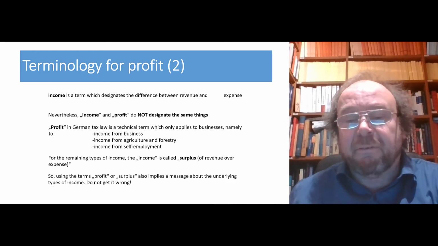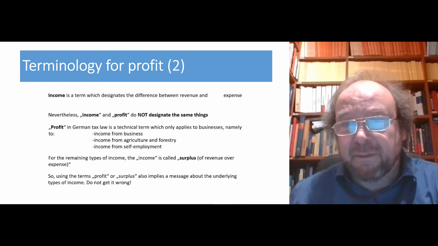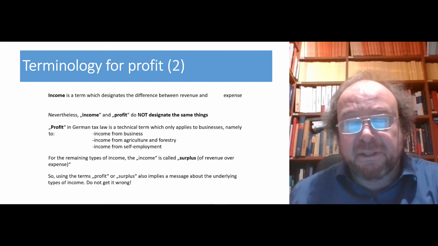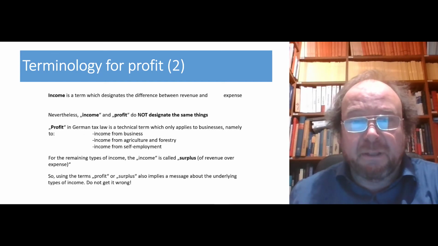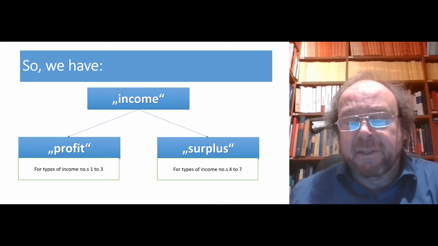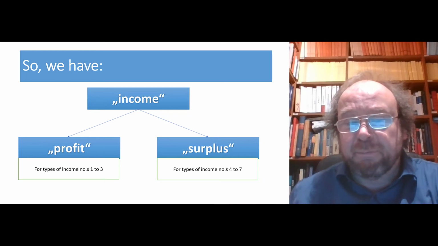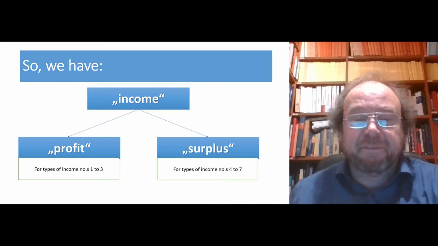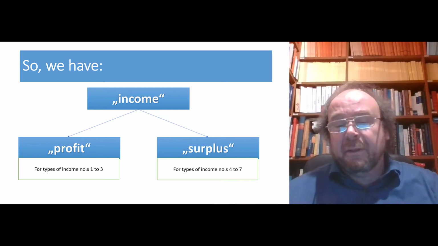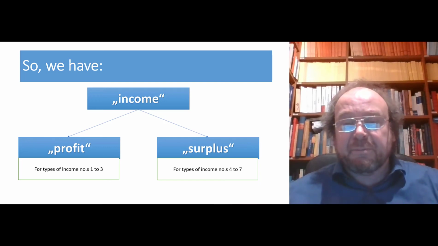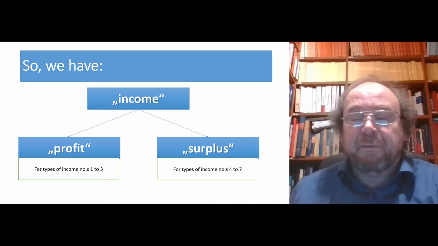Do not speak of surplus when it comes to businesses. Do not speak of profit when it comes to employment. So income is the general overall term and consists of profit if you speak of types of income number 1 to 3, or surplus if you speak of the remaining types of income 4 to 7.